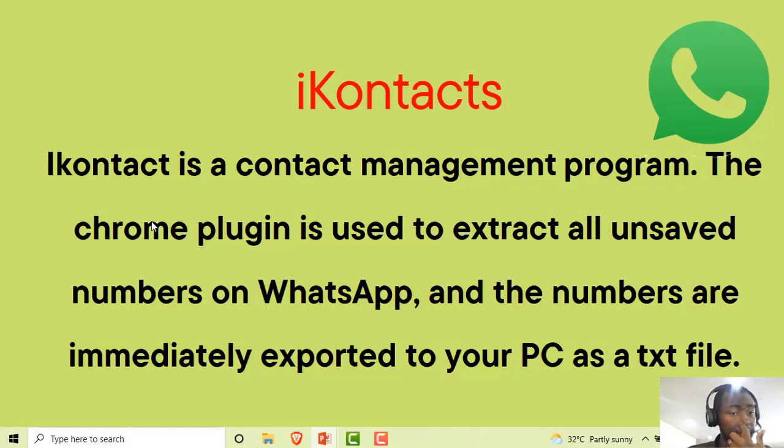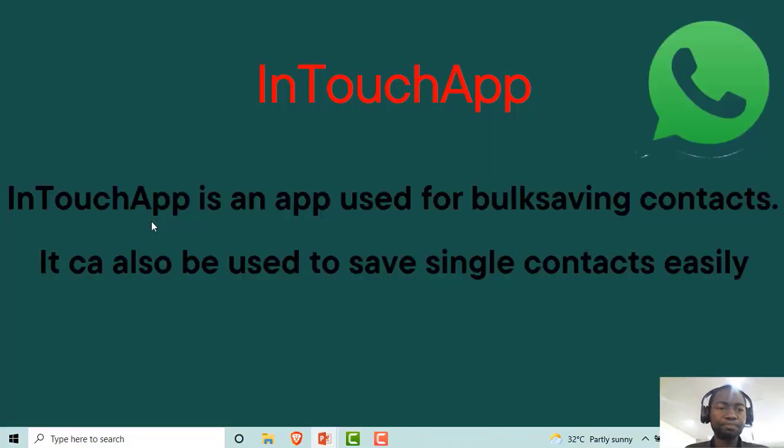So what is it? It is a contact management program. The Chrome plugin extension is used to extract unsaved numbers from your WhatsApp. So if you want to extract unsaved numbers from your WhatsApp, you can actually use this. I'm going to be showing you how to do this right away in this video. The second web plugin you will be needing is the bulk app. The bulk app is an app used for bulk saving contacts.